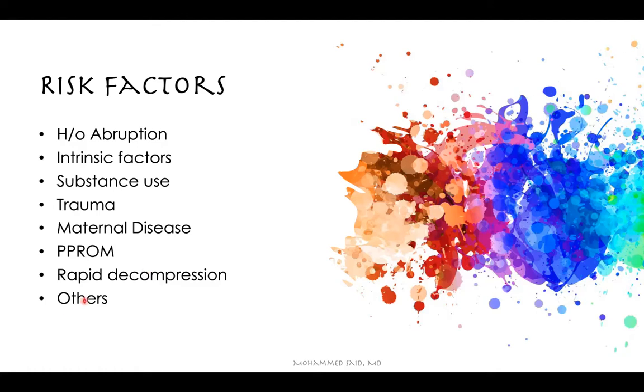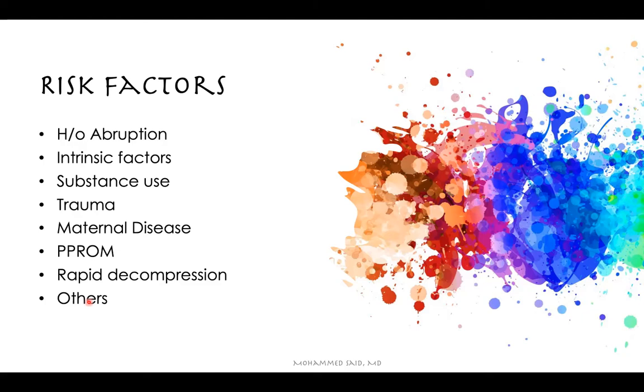The other factors that can predispose to abruption are some uterine factors, like uterine anomalies, synechiae, fibroids, especially if they're submucosal or behind the placental implantation site, or a cesarean scar.